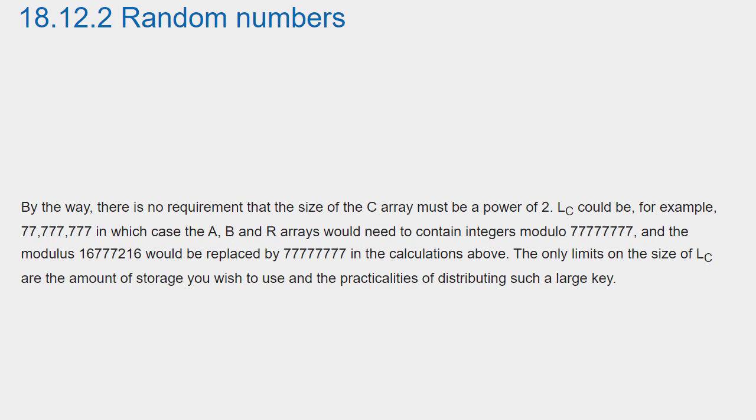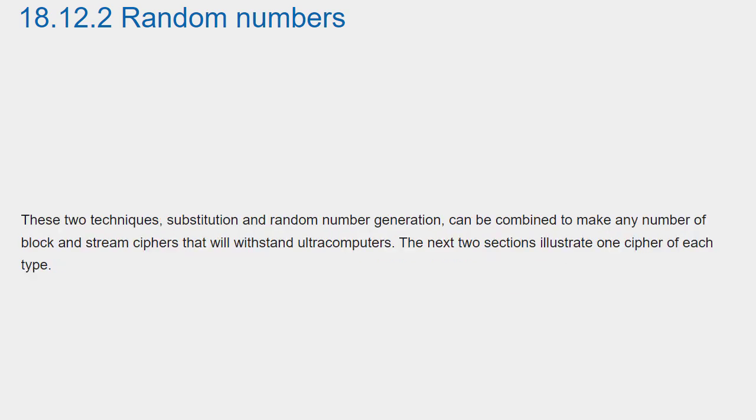The only limits on the size of LC are the amount of storage you wish to use and the practicalities of distributing such a large key. These two techniques, substitution and random number generation, can be combined to make any number of block and stream ciphers that will withstand ultracomputers. The next two sections illustrate one cipher of each type.